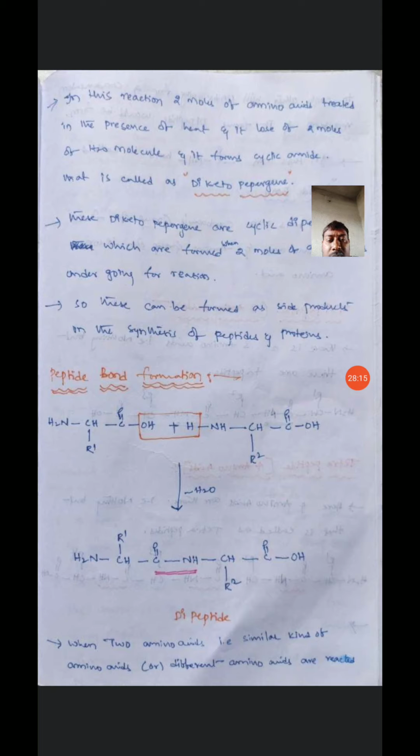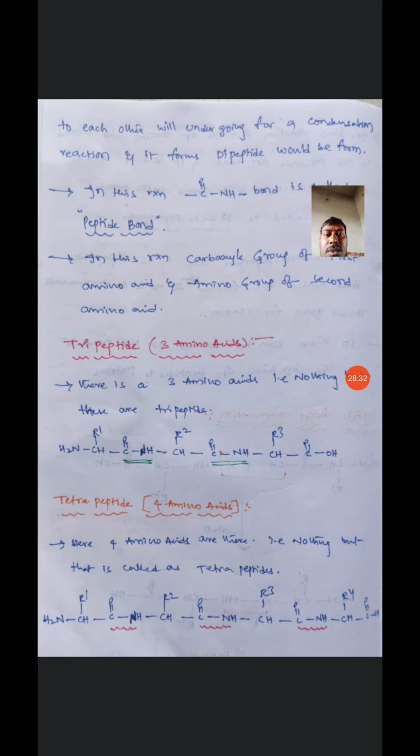Next we are discussing peptide bond formation. When 2 amino acids, either similar kinds of amino acids or different amino acids, react with each other, they undergo a condensation reaction and form a dipeptide.